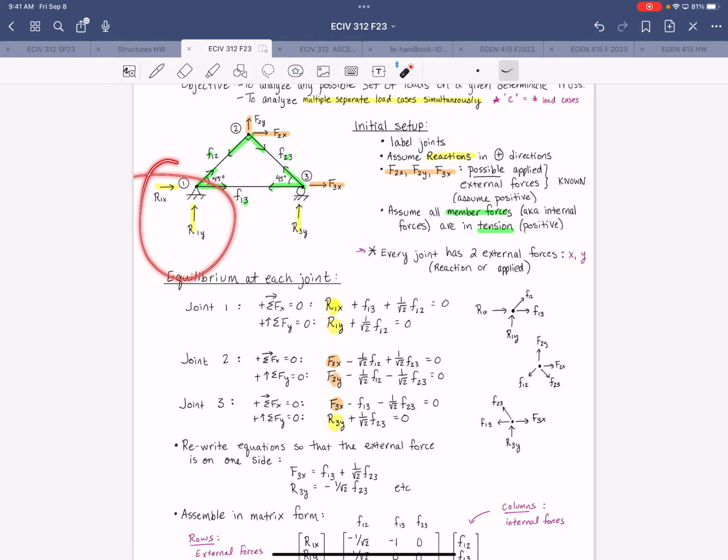That's a common mistake that students might make, solving for the reaction forces first and then treating those reaction forces as knowns. That will mess up the whole process. Number one, your reaction forces are going to change for every load case. So you're essentially repeating the solution 4 times, when the whole point of this was to just do it once. Set everything up in general terms, and then you can solve for any load case and multiple load cases at the same time.